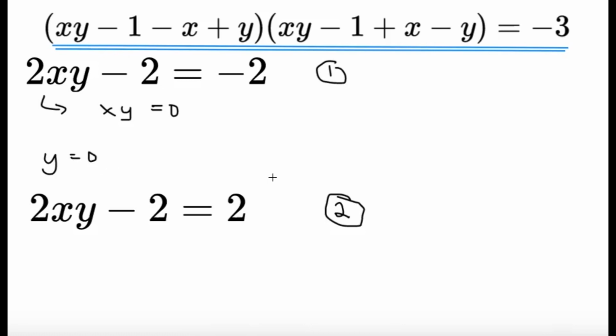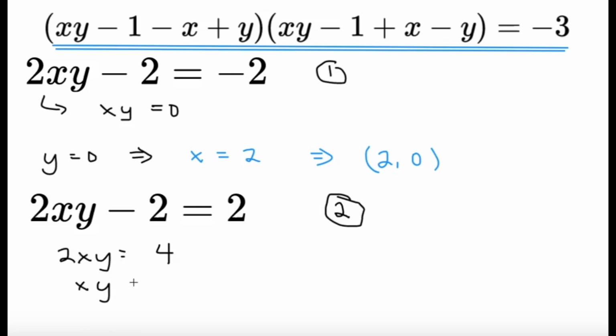Now you can do this as an exercise. If y equals 0, substituting y in this blue equation above, you're going to get the solution that x equals 2. So from case 1, we're going to get the solution 2, 0. Now for equation 2, you can see the following. So 2xy equals 4, so we're going to get that xy equals 2.